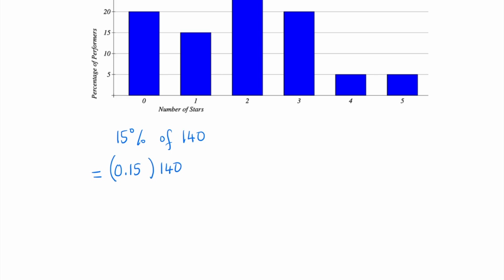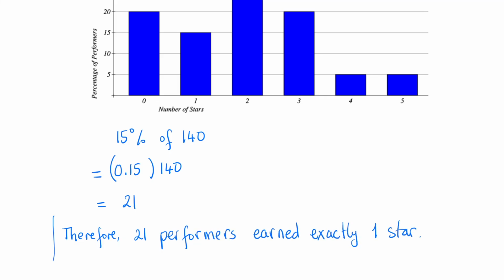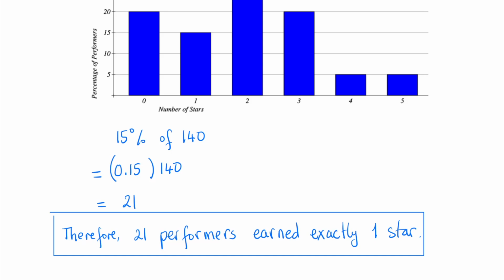That equals 21. Therefore, 21 performers earned exactly 1 star. This example shows why it's important to always check the graph scale before answering a question.